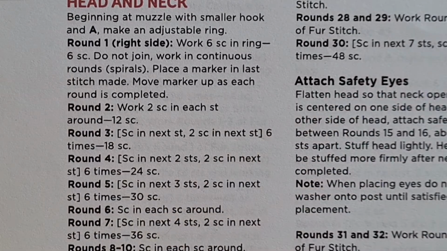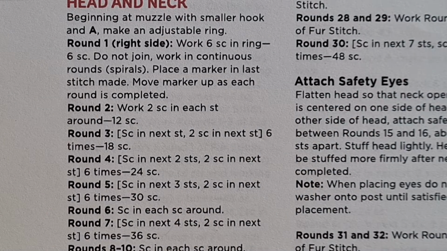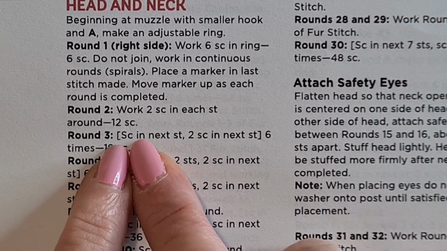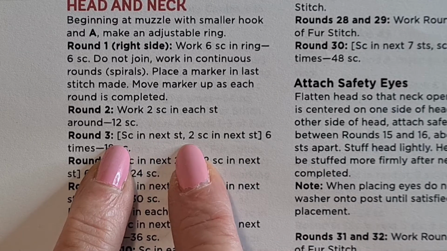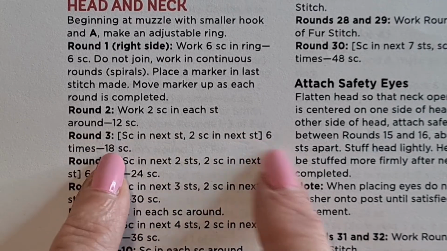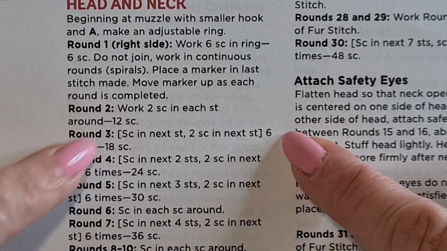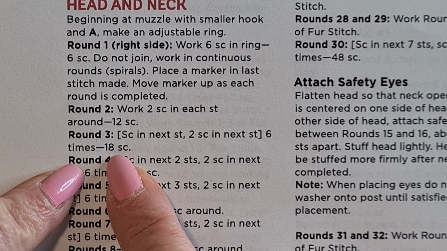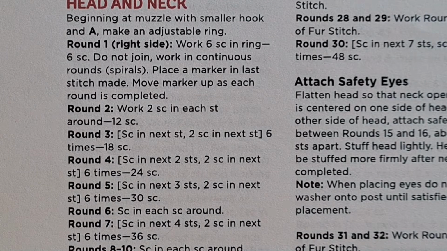So in this one, instead of using the asterisks to indicate the place of the repeat, it's using the brackets. So it says single crochet in one stitch, put 2 in the next, and then repeat what's between these brackets 6 times, which will give you a stitch count of 18. And it will continue to do that.